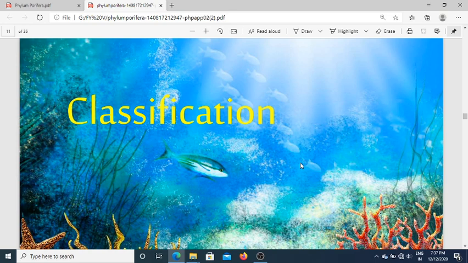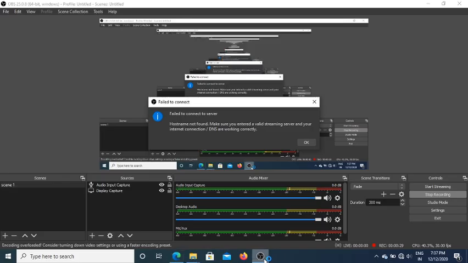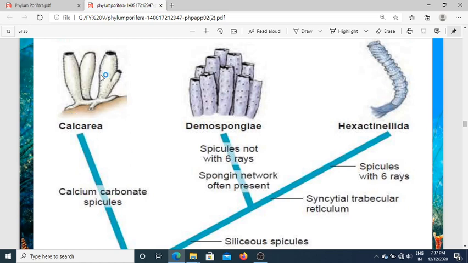The first class is the Calcarea, the second class is Hexactinellida, and the third class is the Demospongiae.